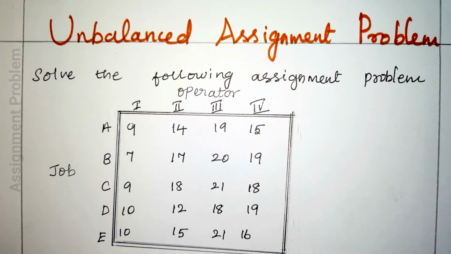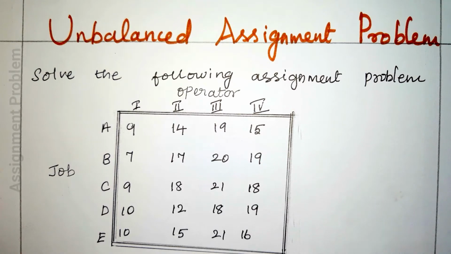To make it balanced, we have to introduce a dummy row if the number of rows is less than the number of columns, or introduce a dummy column if the number of columns is less than the number of rows, and then proceed with the problem using the Hungarian algorithm. Here the question is, solve the following assignment problem using the Hungarian algorithm.